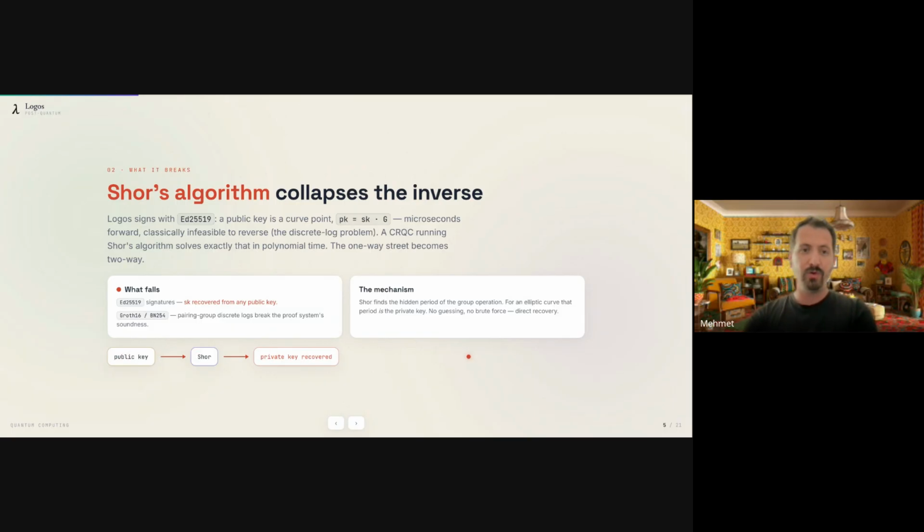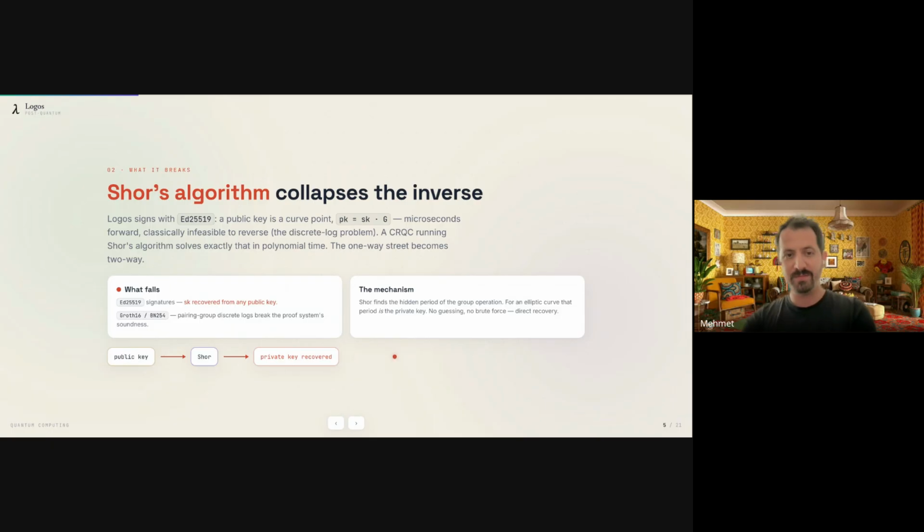And for Logos, we use EdDSA or elliptic curve for the signatures. If there is a high-scale quantum computer, an attacker who sees the public key can use a quantum computer and Shor's algorithm to easily find the secret key of that public key.